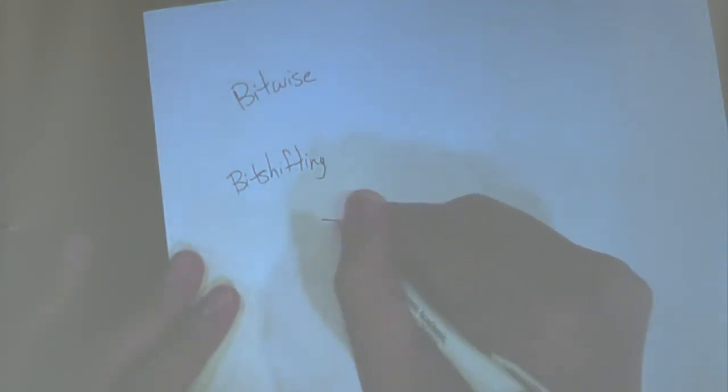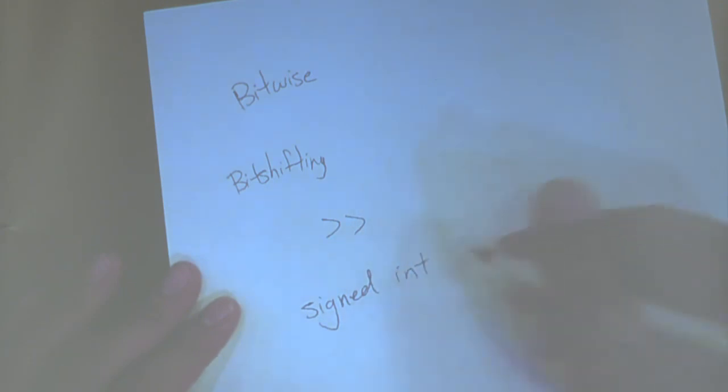So when we do the right shift, depending on if it's a signed int or unsigned, we can either put a 0 or a 1. For a signed int, we copy the most significant bit.